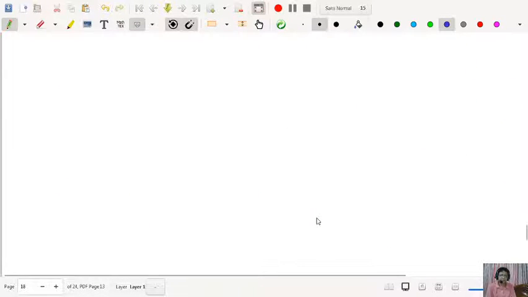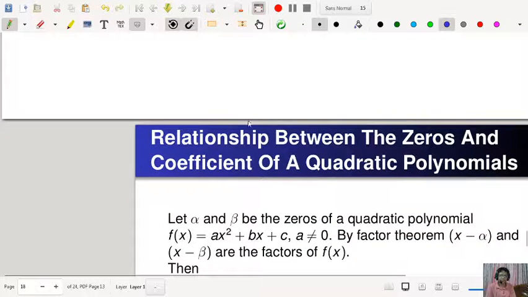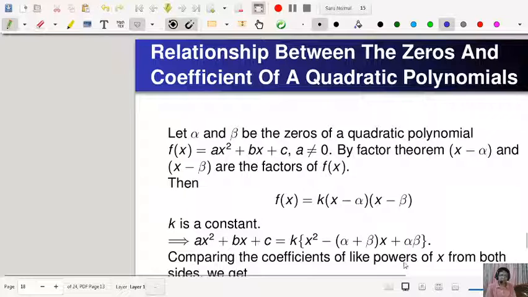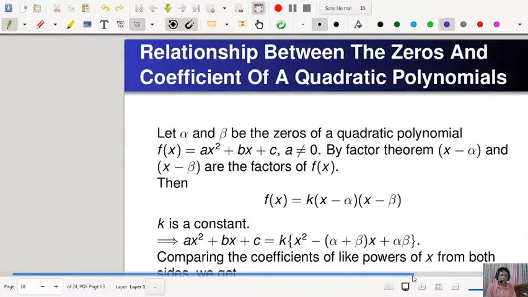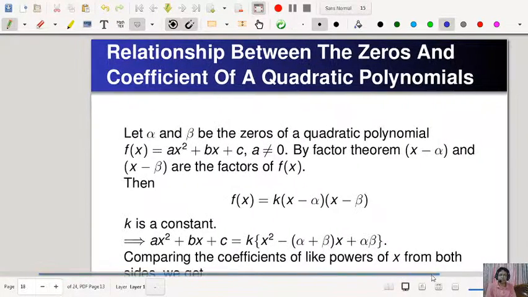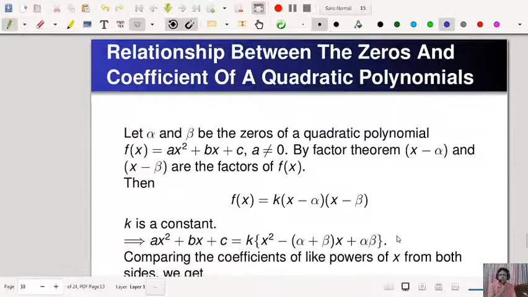Next, I will talk about the relationship between the zeros and coefficients of a quadratic polynomial.